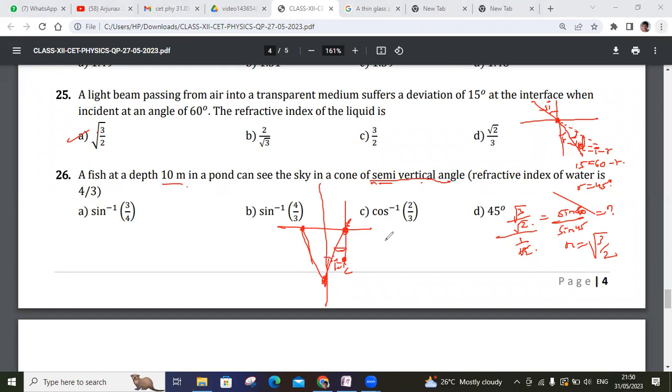This is the vertical angle, this is the semi vertical angle. So they are asking ic basically. So sin ic is equal to 1 by n. We know this, right? So n is 4 by 3, so this will be 3 by 4. So ic will be sin inverse of 3 by 4, which is option A. Then we will go ahead.